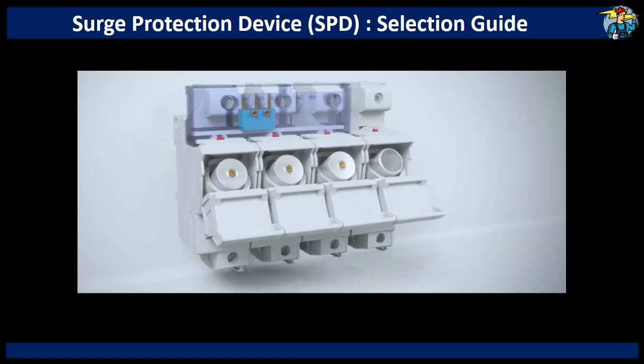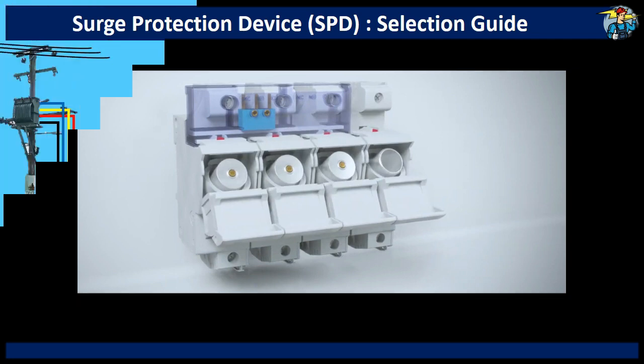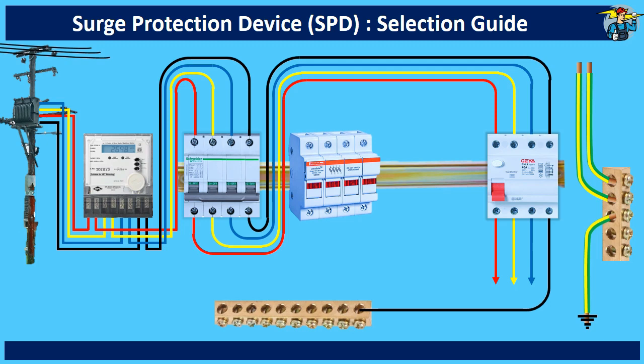According to product testing standards for SPDs, manufacturers are required to declare the SCCR, that is the short circuit current rating of their SPD. Check the specifications on the instruction sheet to find out this value.